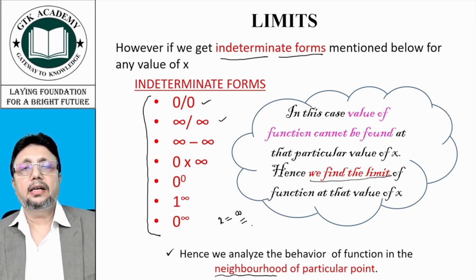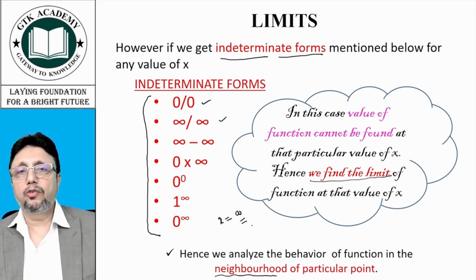Then at x = a, the value of the function cannot be found because the function assumes an indeterminate form. So what do we do? We analyze the behavior of this function in the neighborhood of the particular point where we are getting the indeterminate form.